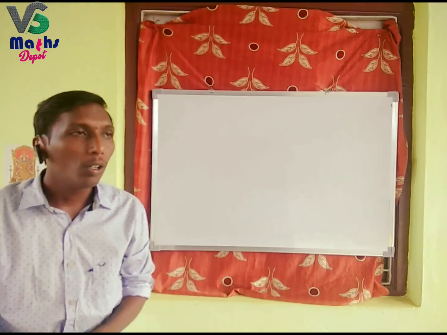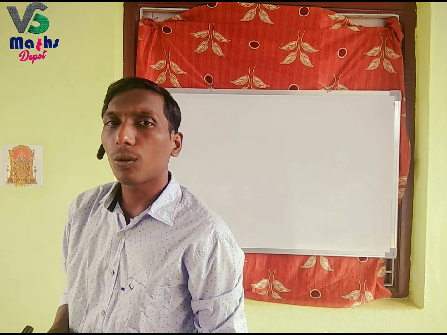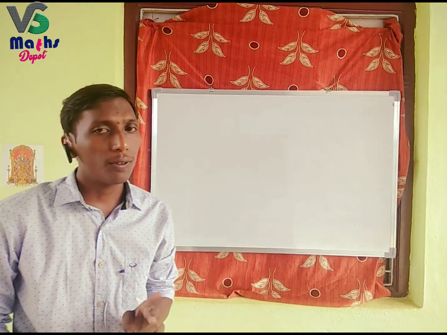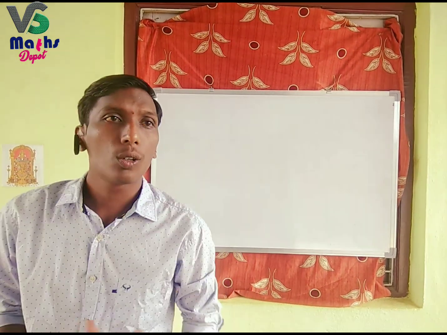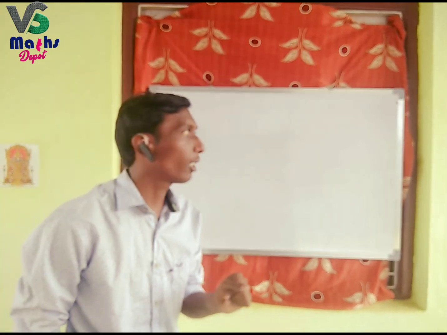is this one. Now let us discuss if two quadratic equations are given to us having two common roots. First one was one common root, and what is the condition? Second one is if the two quadratic equations given to us have two common roots, then what is the condition?